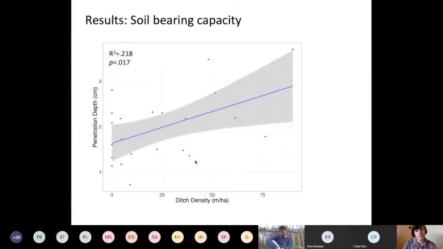And it looks like there is a relationship there, with penetration depth increasing as ditch density increases, and each of these points being one of my 24 sites. This wasn't really surprising, knowing that heavily ditched marshes tend to have a lowered water table, which causes increased decomposition and then subsidence of the soils.